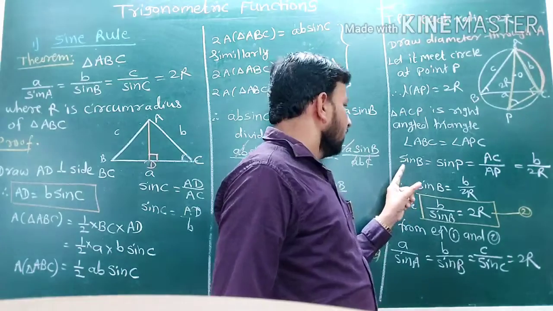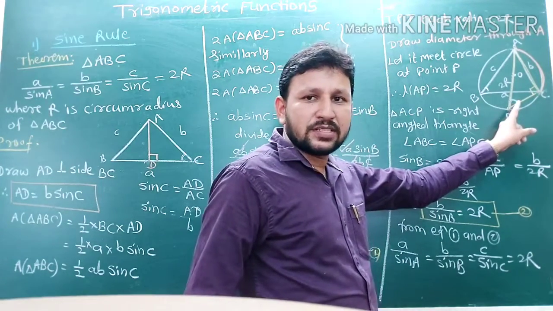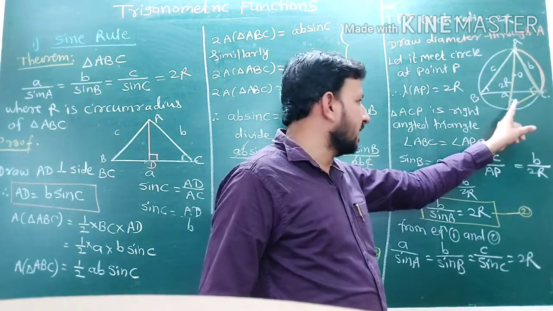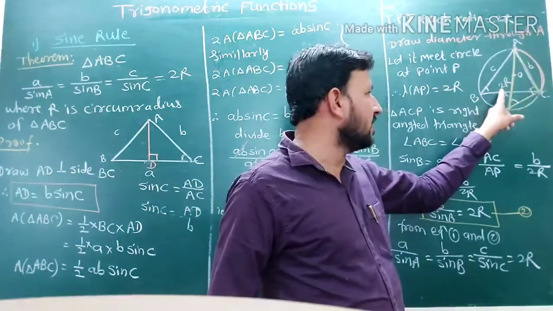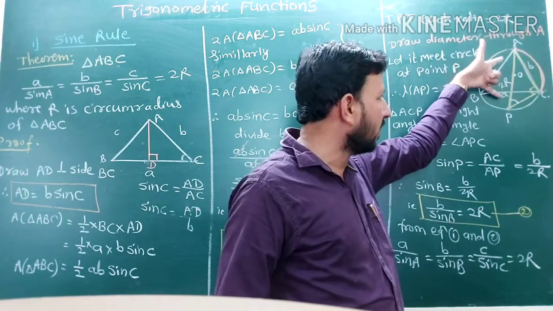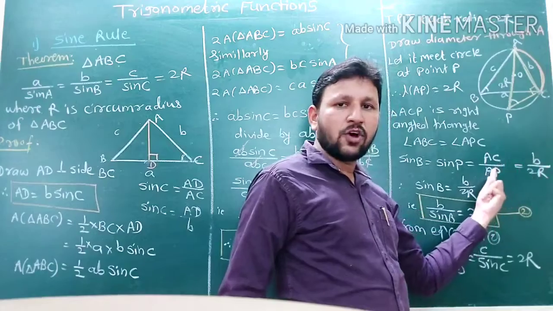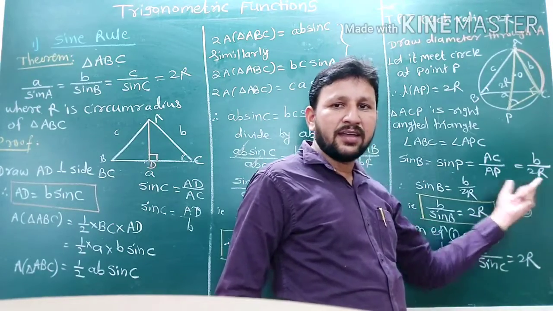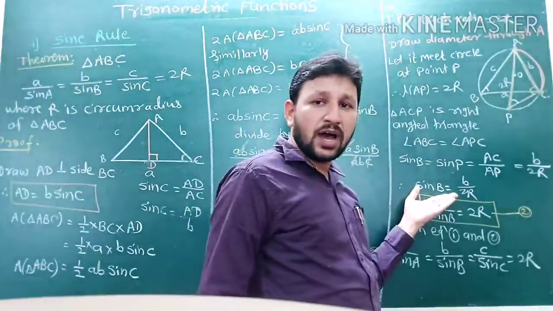Then the sine function for the angle B is applied. It will be the same for the sine of P. For sine P, the ratio obtained is opposite upon hypotenuse, that is AC upon AP. Length of AC is b. Length of AP is 2 times R. Hence, the sine of B value is b upon 2R.